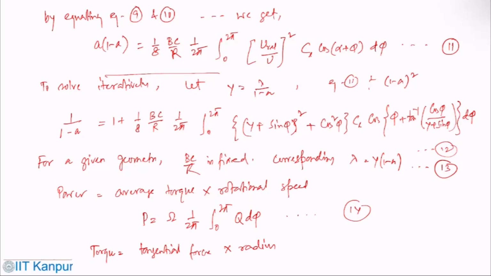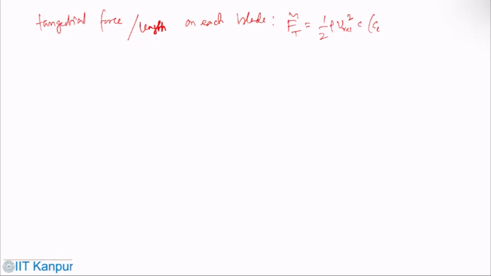Then the tangential force per unit length on each blade is 1 by 2 rho U rel square c into (CL sin alpha minus CD cos alpha).